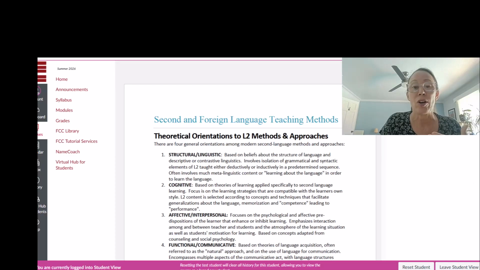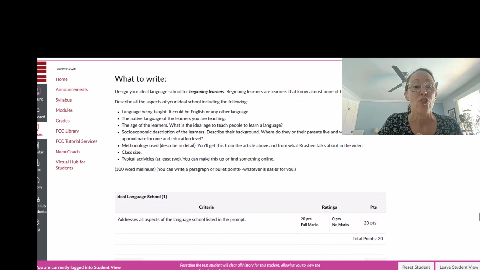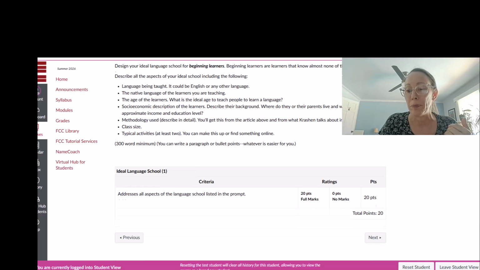And then we've got an article here that talks about different second language acquisition teaching methods. So you're going to need to choose one of these methods and you're going to need to defend it. So you're going to give me all of the information about your theoretical ideal language school.